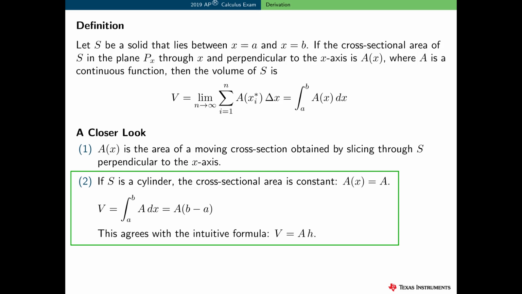So that means that A(x) is just plain A. And the volume, using the formula in our definition, is simply A times the difference, b minus a. And this agrees with our intuitive idea of volume, where V is equal to A times h.